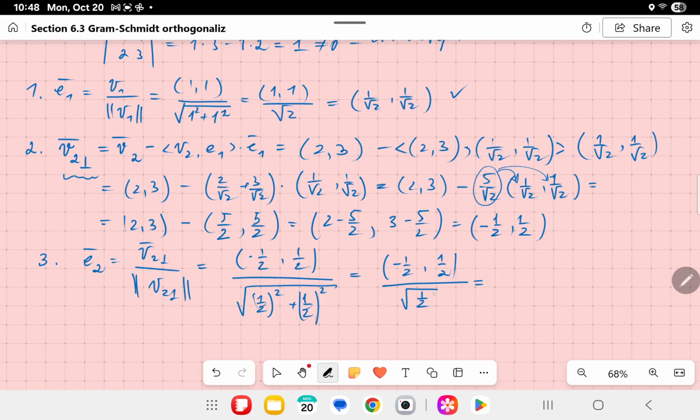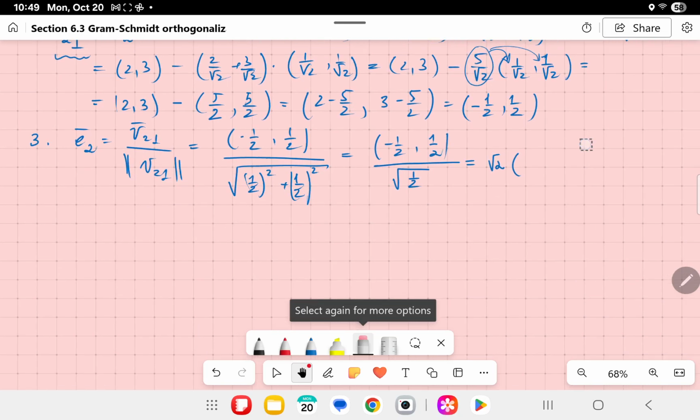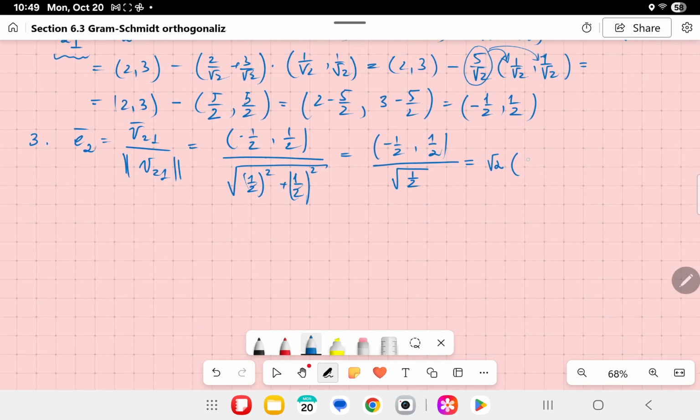Now, dividing by a fraction is multiplication by the inverse, right? So the square root, and I'll need to multiply it by -1/2 and 1/2. I just have one last step, and that's if I, oh, sorry, I put a square root already here.